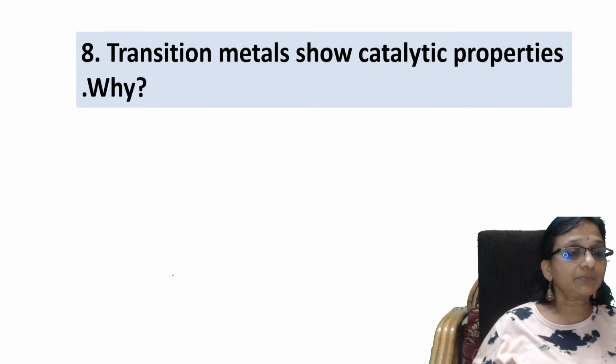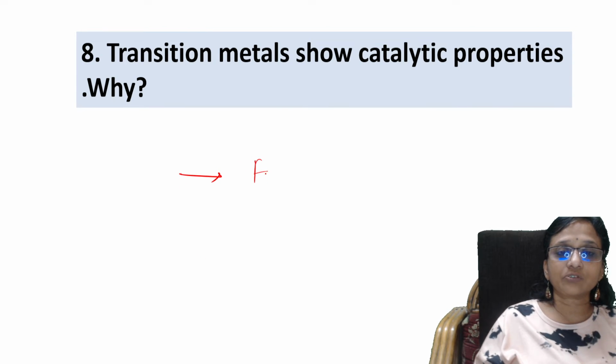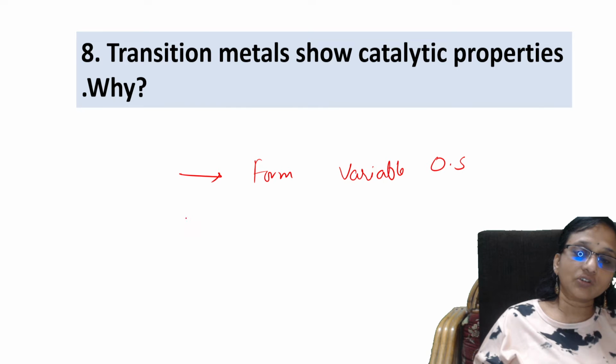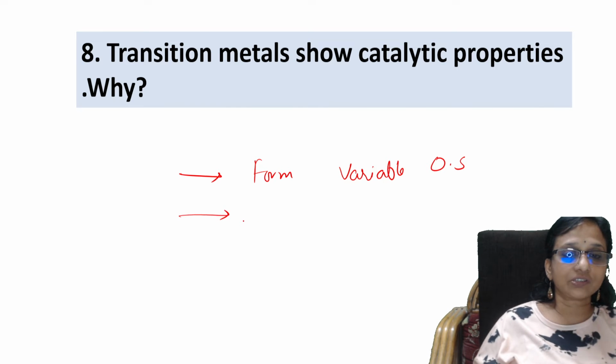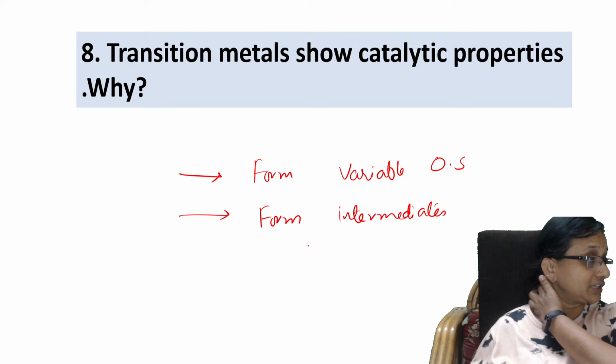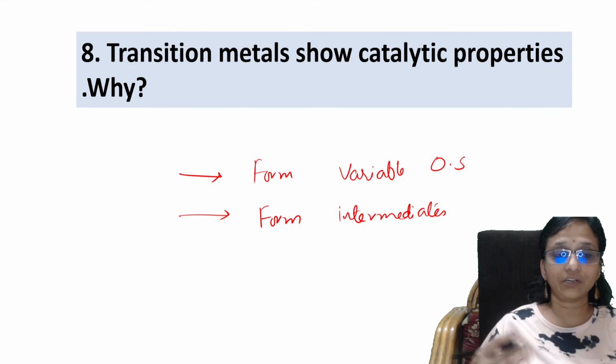Transition elements show catalytic property. Reason: same story, almost similar answer. Catalytic property means what? First, D block elements form variable oxidation states. Lot of different oxidation states are there. So when they form variable oxidation states, they can form intermediates. Intermediate means they are going to have D1 configuration, D2, D3, like that, half filled, full filled.